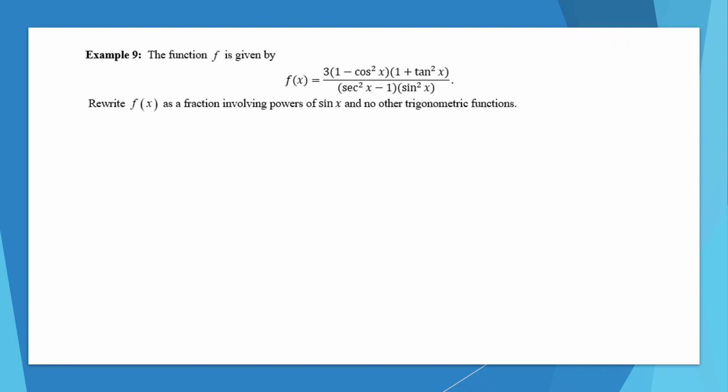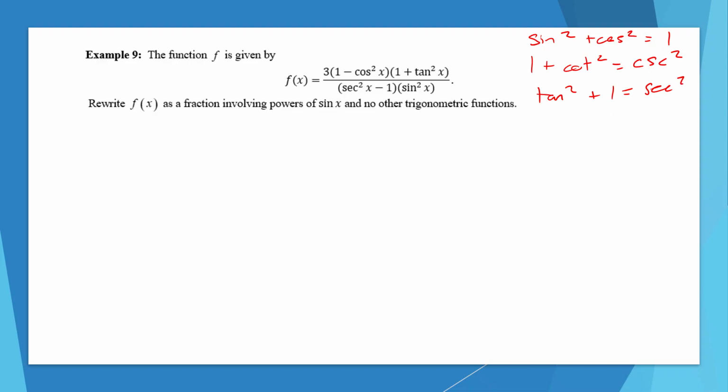Here, I'm going to write down all 3 Pythagorean identities now, just so we can work with them. Sine squared plus cosine squared equals 1. We have 1 plus cotangent squared equals cosecant squared. And then we also have tangent squared plus 1 equals secant squared.